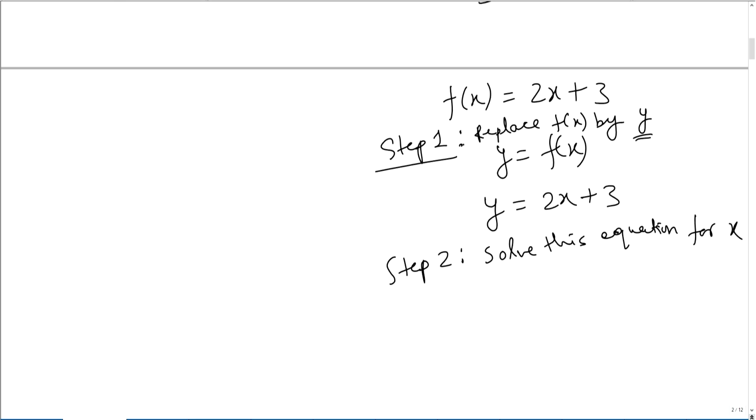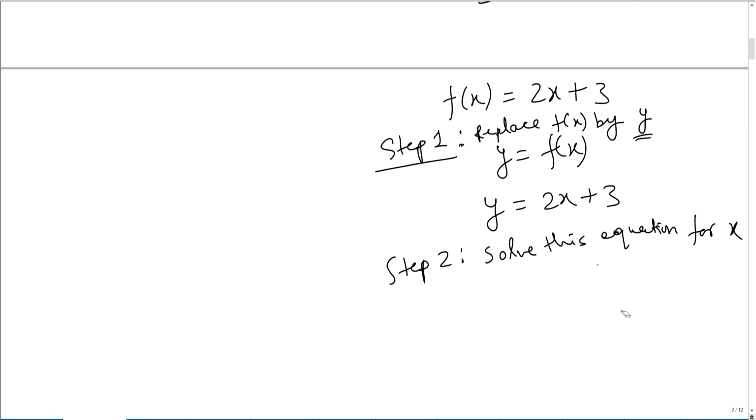It contains 2 variables. But what we want is that x comes on the left hand side and everything goes on the right hand side. So we want an expression of this form, x equals something, and this term can contain y. We want x alone on the left hand side and everything else on the right hand side.